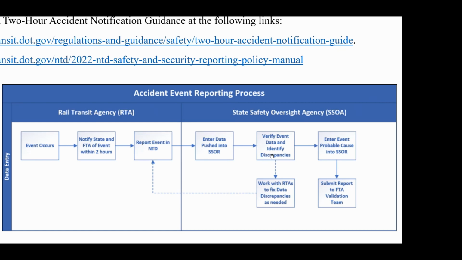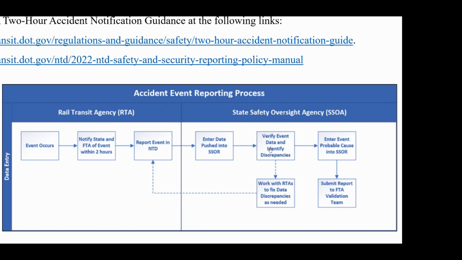Now, if discrepancies are identified, the SSOA would work with RTAs to fix the data discrepancies as needed. And from there, the process does loop back to report event in NTD by RTA, and then transitions forward to SSOA.